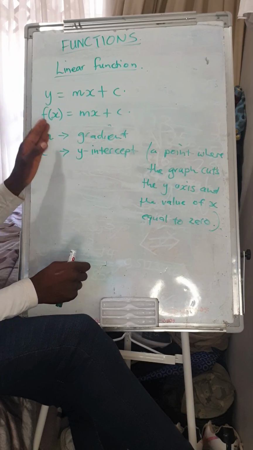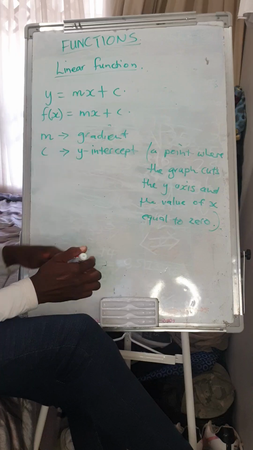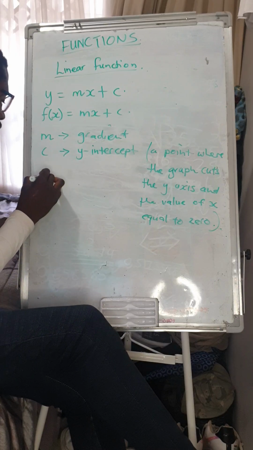Then we have the gradient, and we have c. Now, about the m, we have the equation of m.